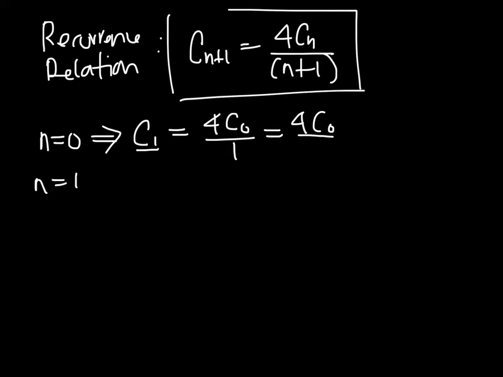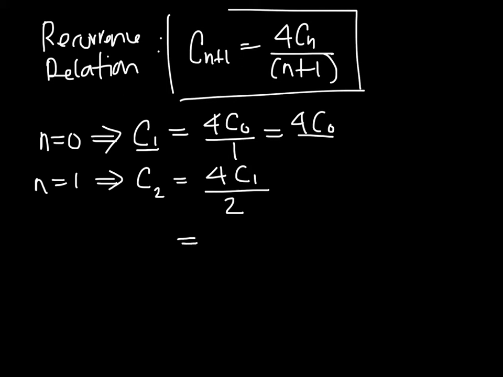What if n is equal to 1? Okay, so again, I'm going to substitute 1 for n. So I have C1 plus 1, which is C2. And then I have 4C1 over 1 plus 1, so that's 2. Just to be consistent here, I'm going to work vertically when I'm substituting another expression.